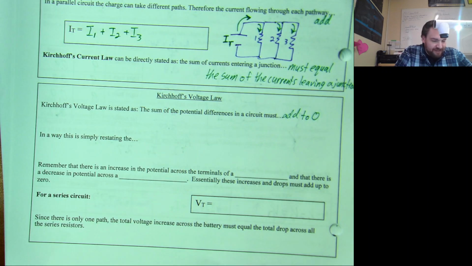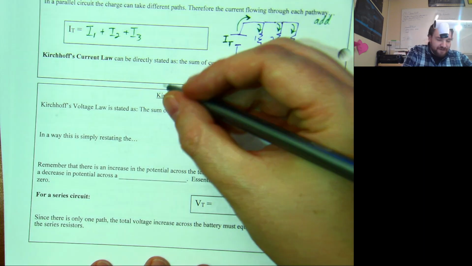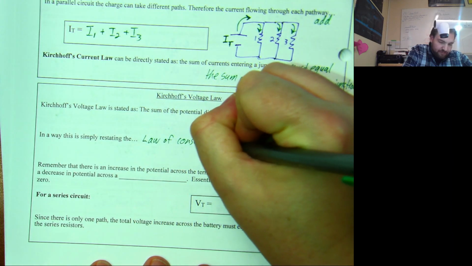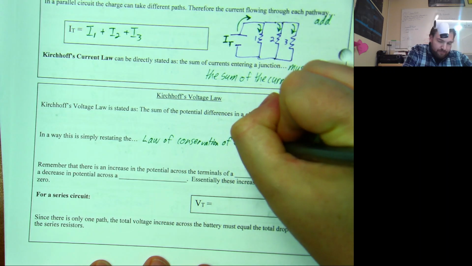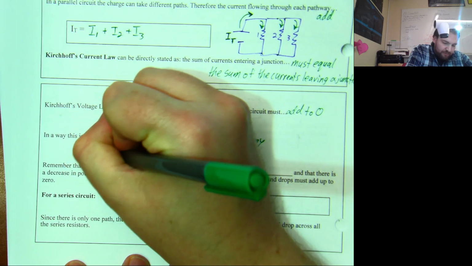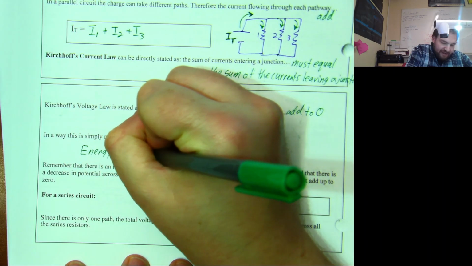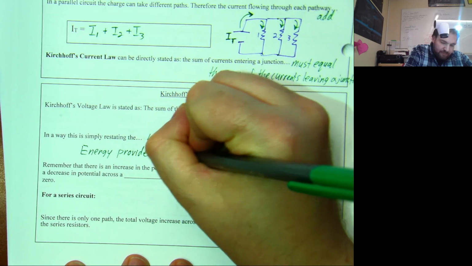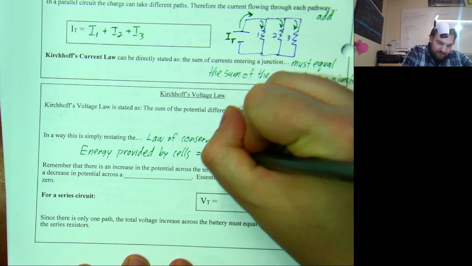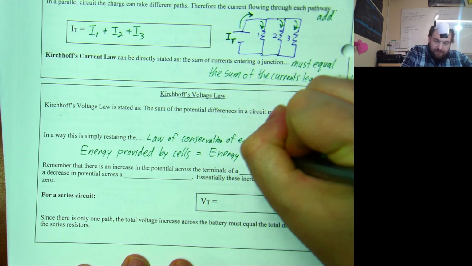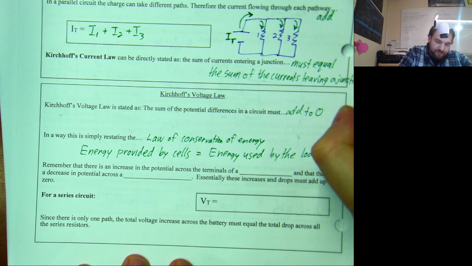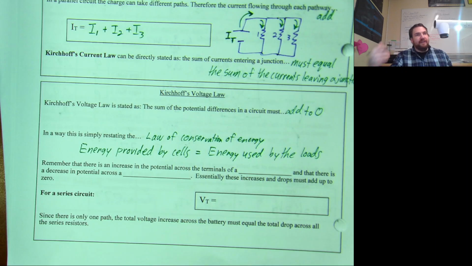The reason for this is just a way of restating the law of conservation of energy, where the energy provided by the cells has to equal the energy used by the loads. And the load could be a resistor, a light bulb, anything.